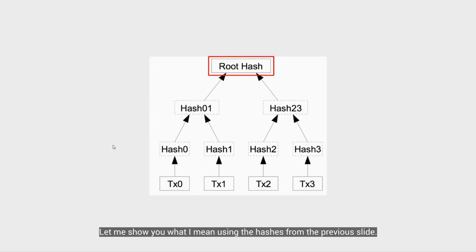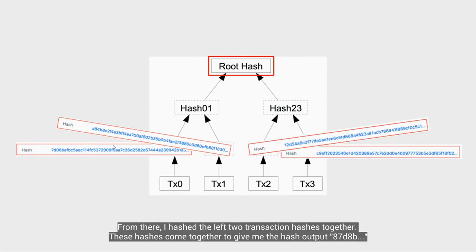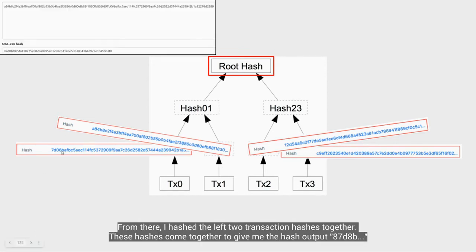Let me show you what I mean using the hashes from the previous slide. Each transaction had its own hash, as shown here, 4 different transaction hashes. From there, I hashed these 2 transaction hashes together. As you see here, A84B, etc., hashed with 7D06.